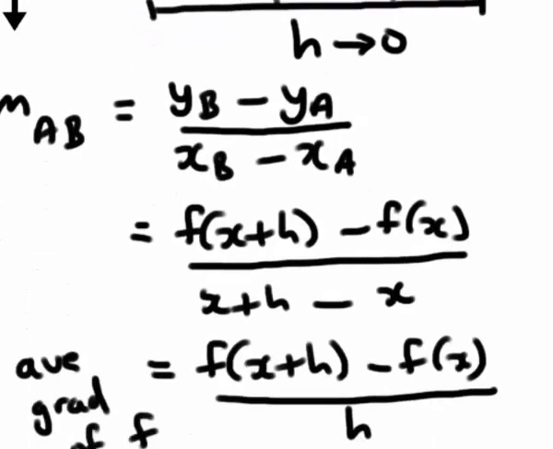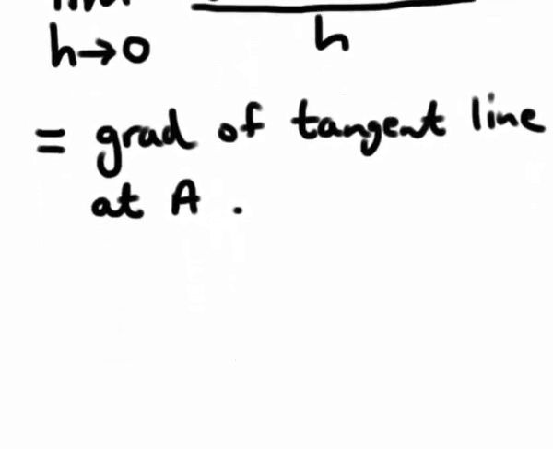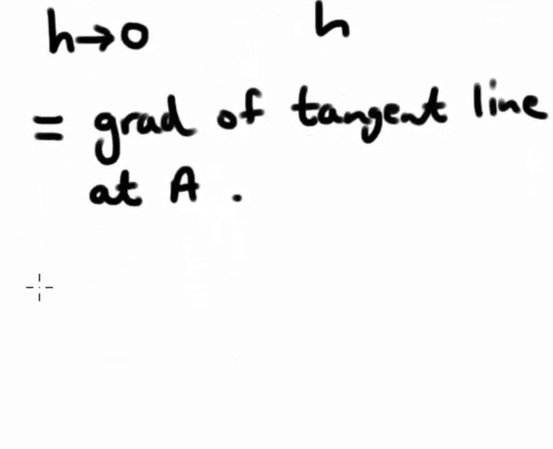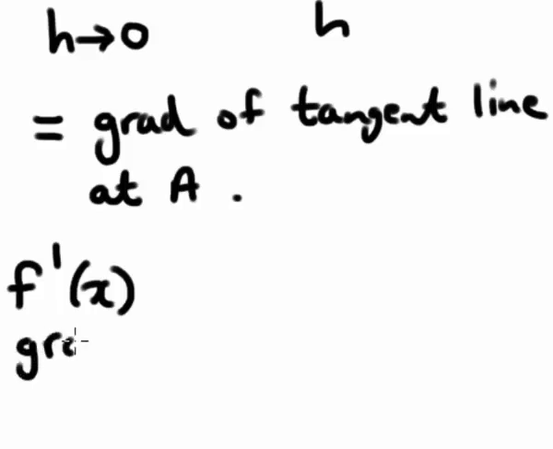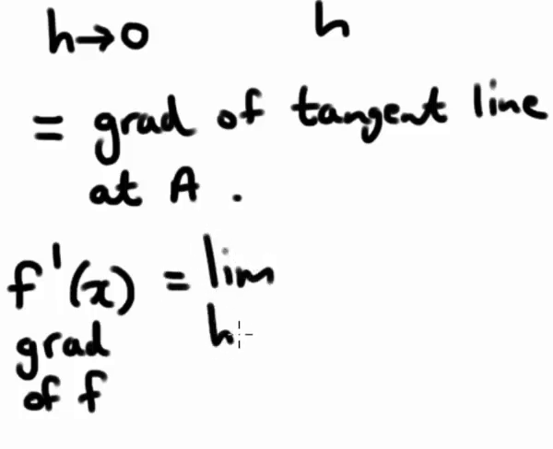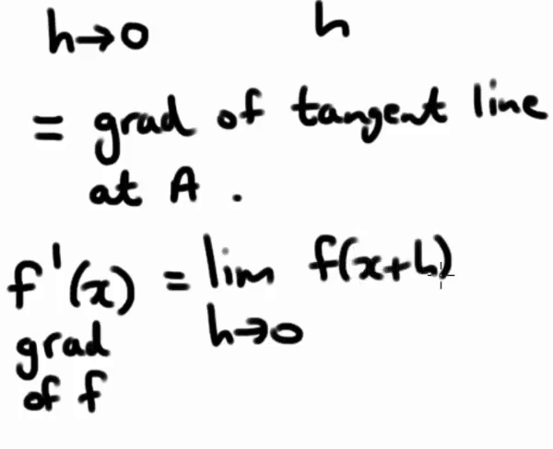We've got a little formula, which they refer to, now watch this, as f prime x. It's got a new notation. That symbol means the gradient of f is equal to the limit as h approaches naught of f(x plus h) minus f(x).